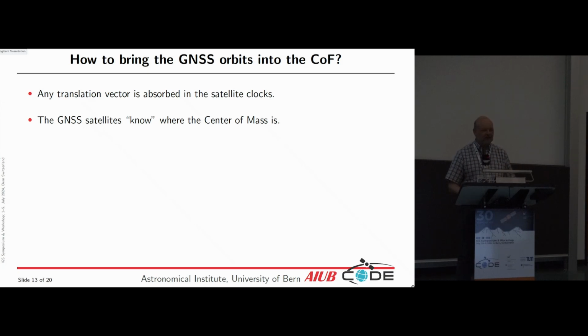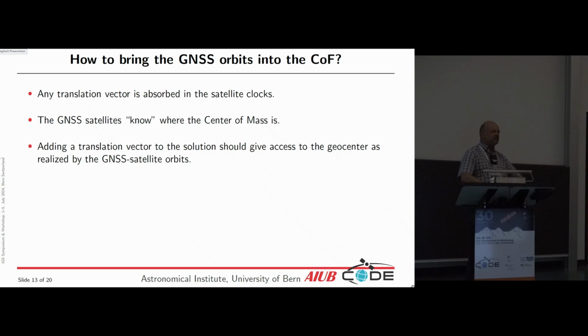What does it mean? It means at the end that the satellites know by themselves where the geocenter, or the center of mass, is located. And they go into this position. All differences, independent of what we are doing for datum definition or trying some tricks to apply a center of mass correction, this is just ignored and pushed into the satellite clocks.